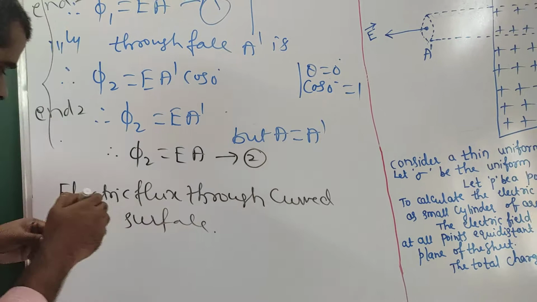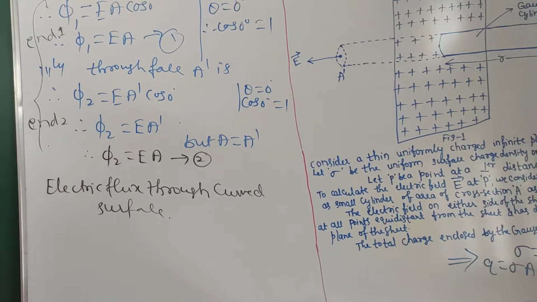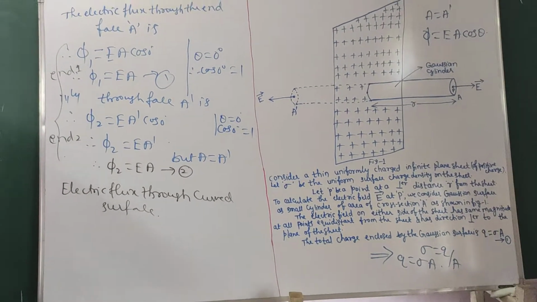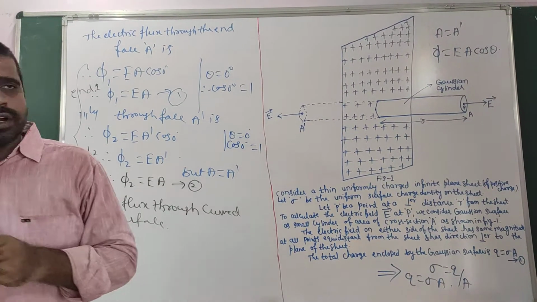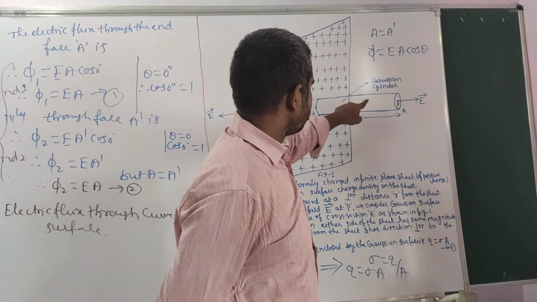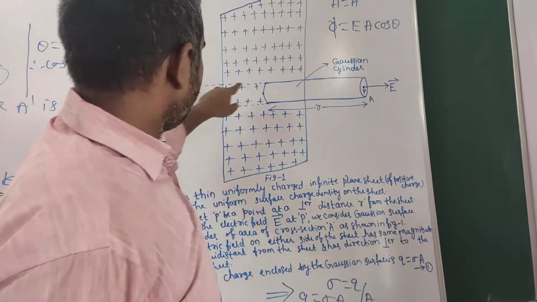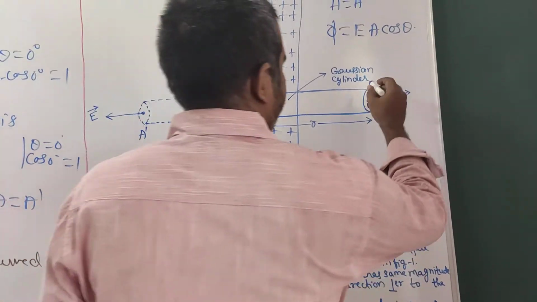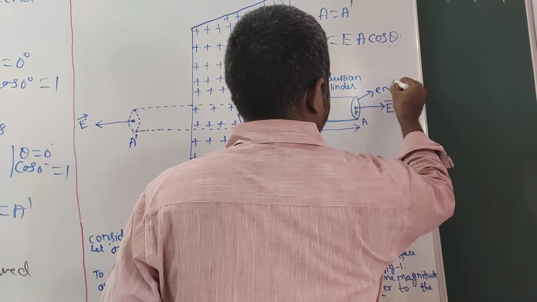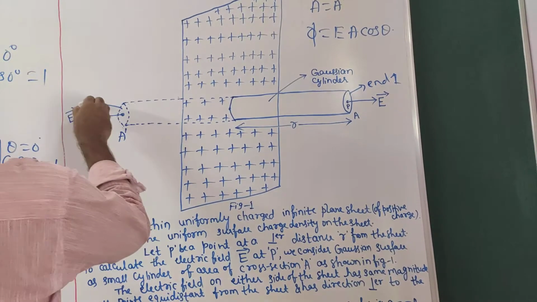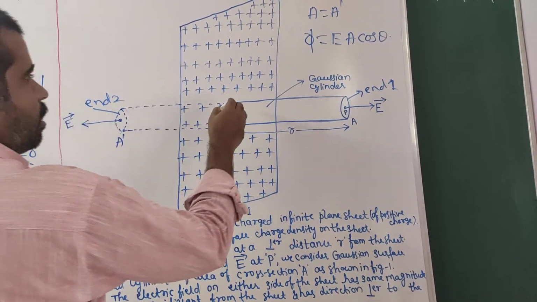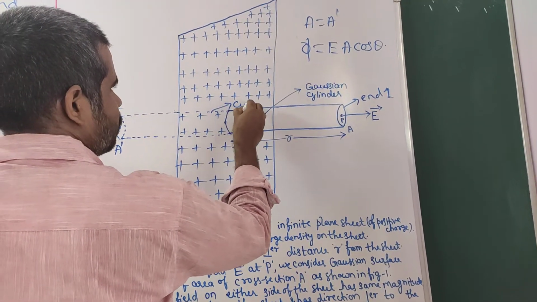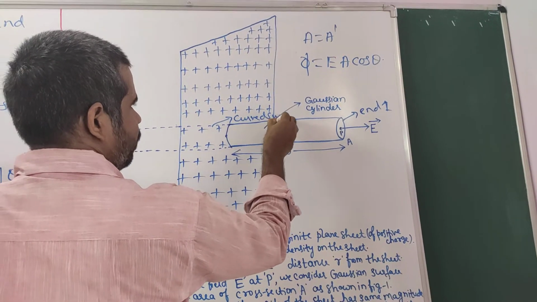Where is the curved surface? You can see the curved surface. Here it is. End 1, end 2, curved surface. This is end 1. This is end 2. Now where is the curved surface? This is the curved surface.